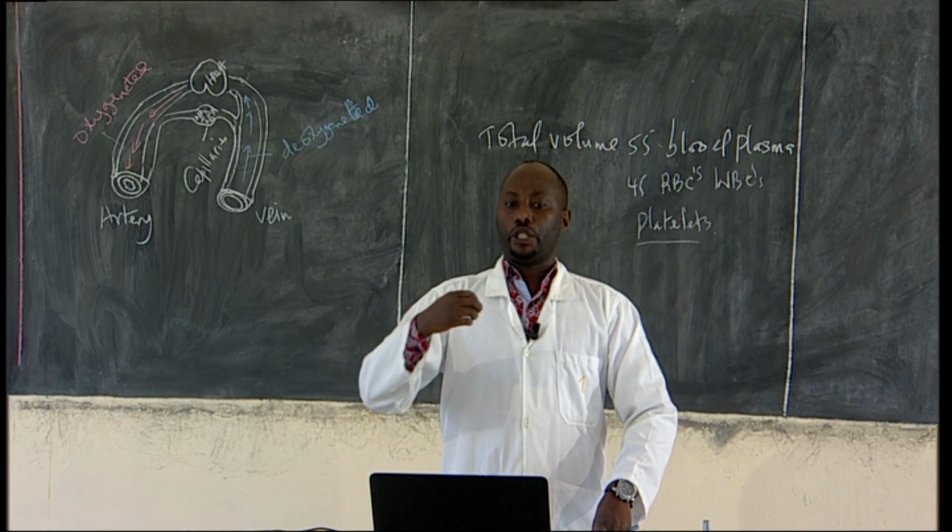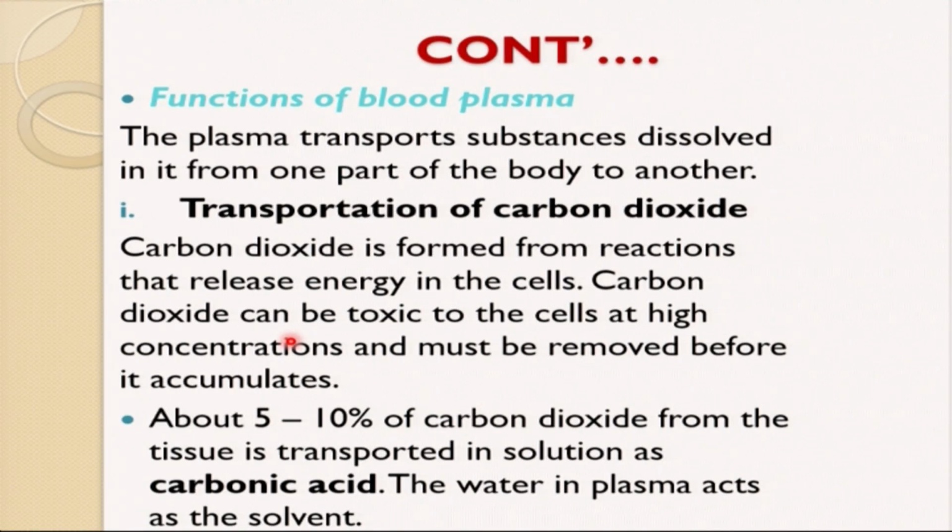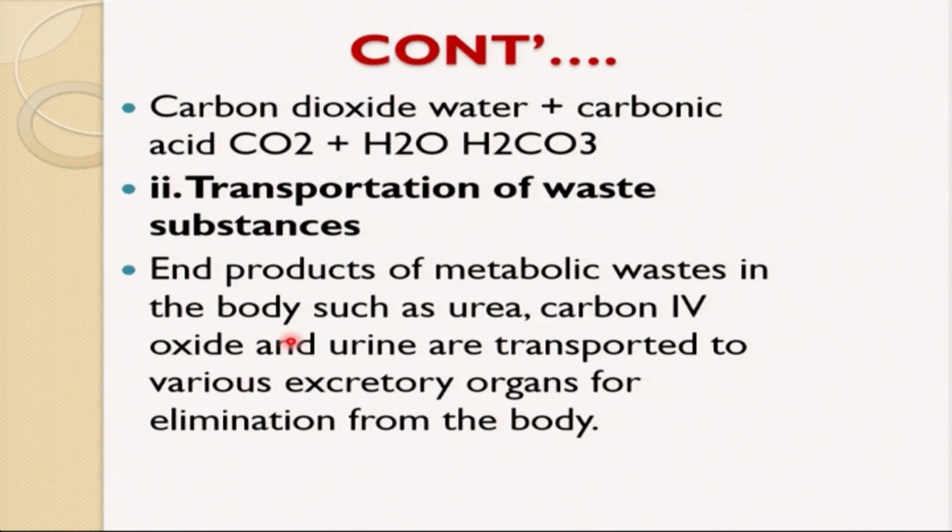We can mention that 5 to 10% of carbon dioxide from the tissues is transported as carbonic acid. The water in the plasma acts as a solvent, and that's where the carbon dioxide can dissolve. Let's have the equation: carbon dioxide plus water gives carbonic acid.